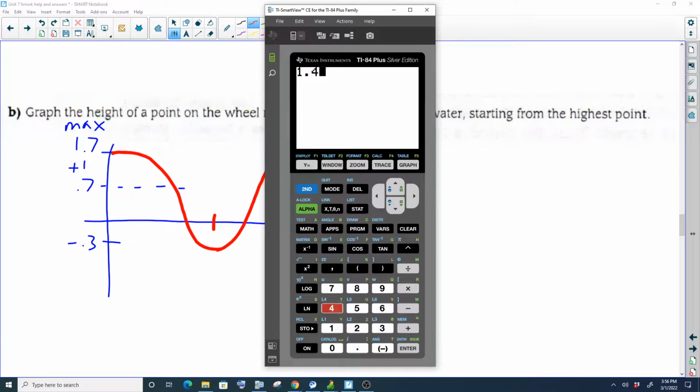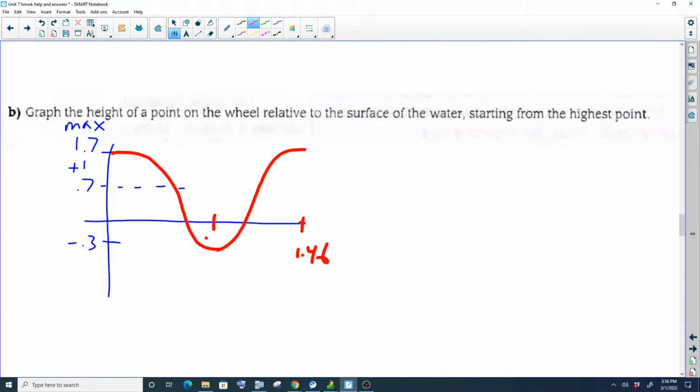So 0.73 is where we're halfway through the cycle, and our wheel is underwater there. Cool, so there's our graph.